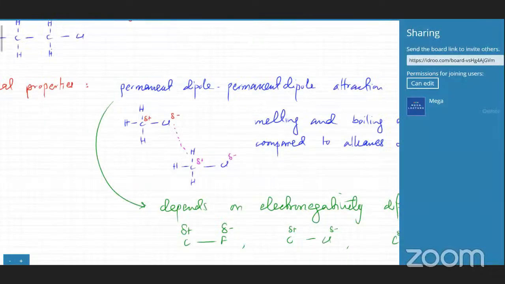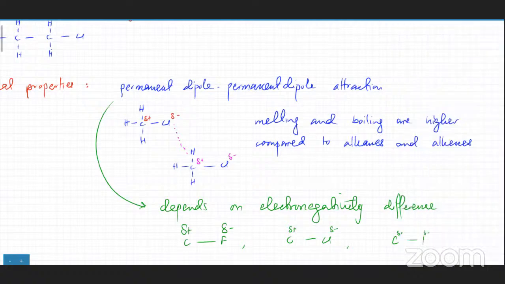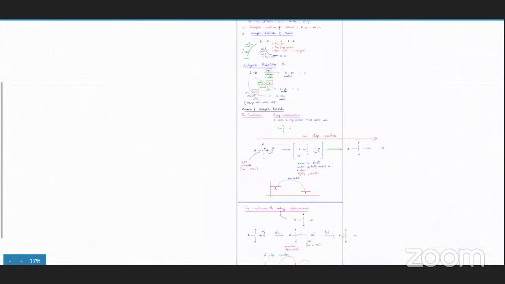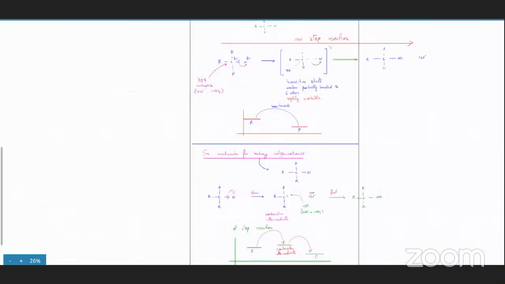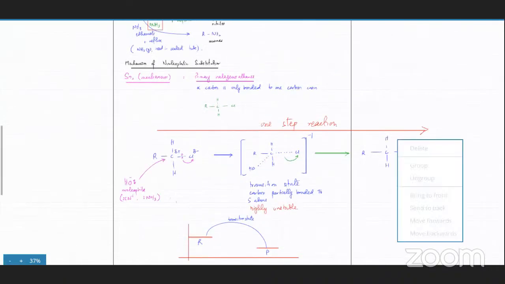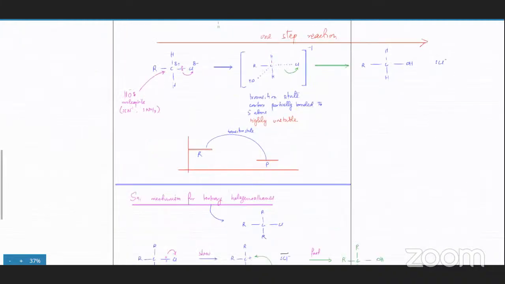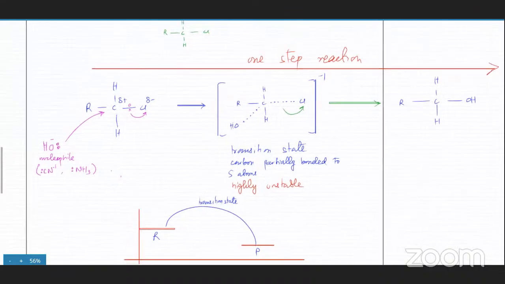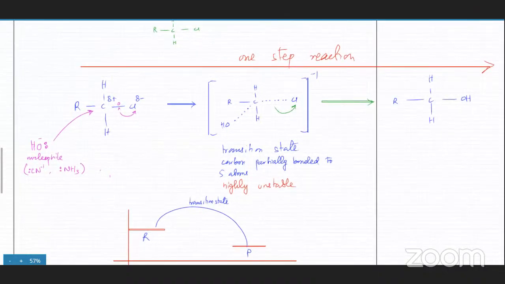Primary alcohols, I guess. No, not primary alcohols, tertiary alcohols. Not alcohols, halogenoalkanes, ठीक है? अच्छा, this is Sn2. Sn2 is for primary. ठीक है? Remember, Sn2 is for primary.